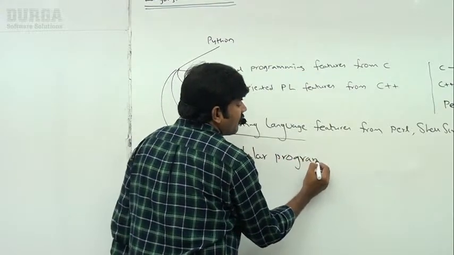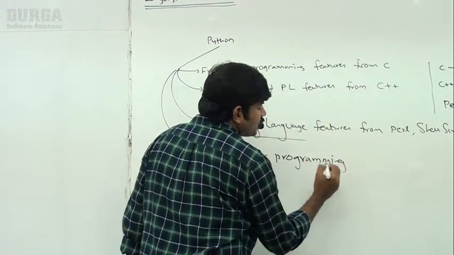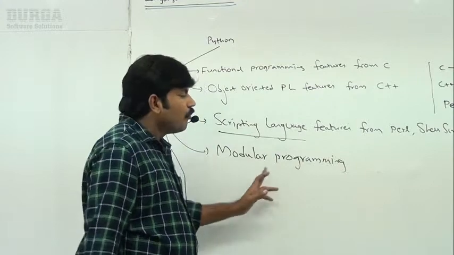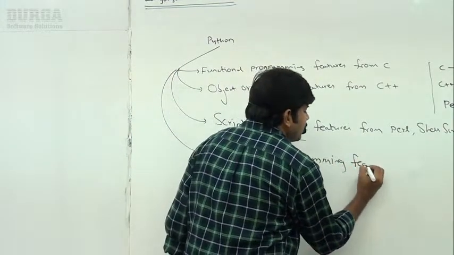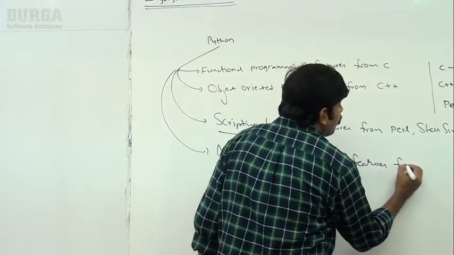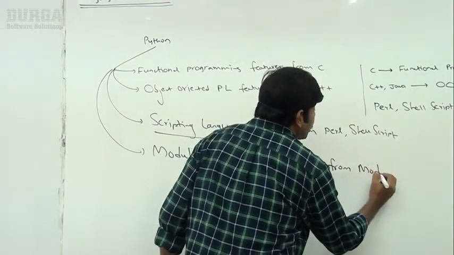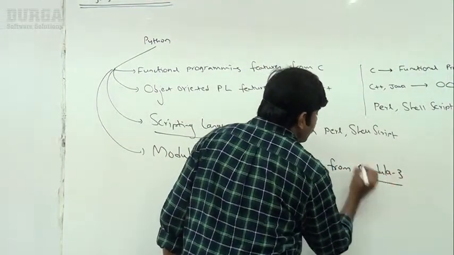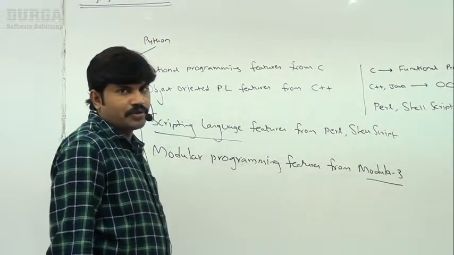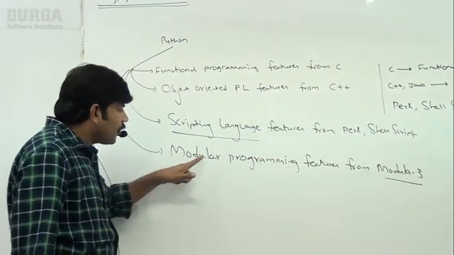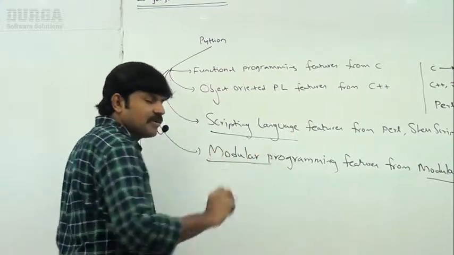You are not required to worry about this one, we are not using it anywhere. Modular programming features came from Modula-3. These days it is almost outdated and no one is using it. Don't worry.